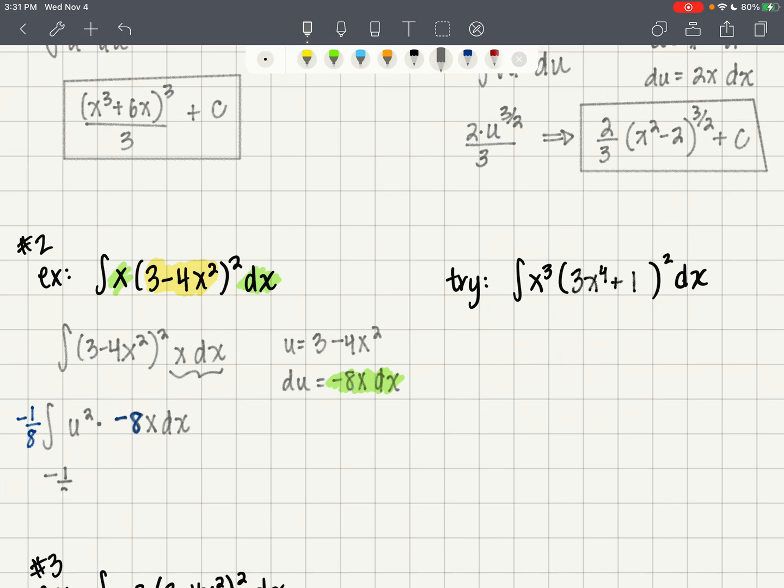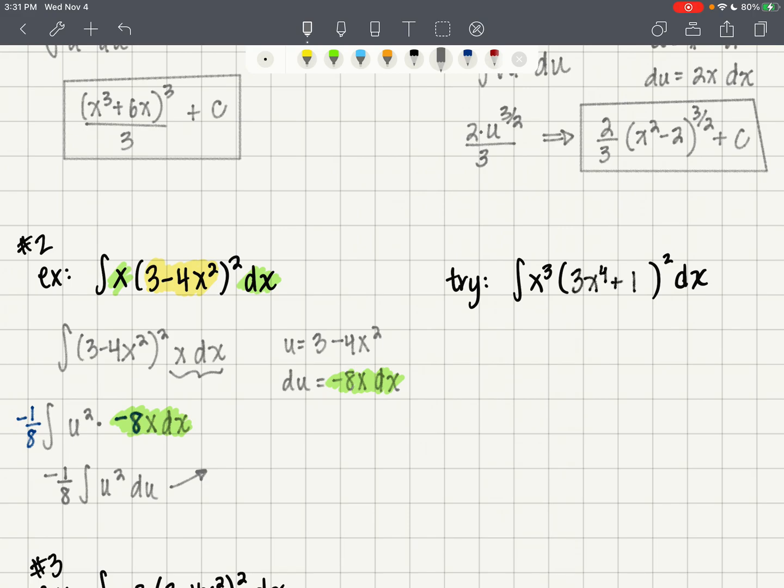So now we have negative 1/8 times the integral u squared du, because now we have exactly what we need. Now you can't generate variables inside the integral, but you can multiply by constants because of that rule number 1 that we learned in a previous lesson.